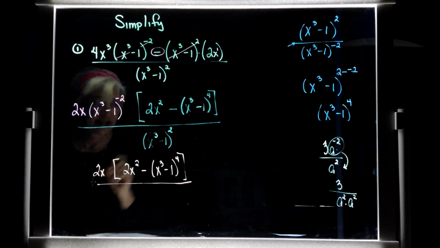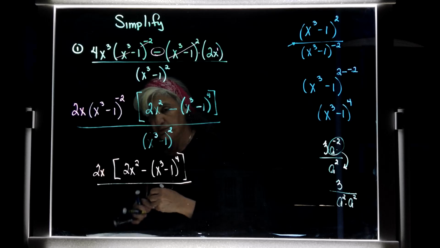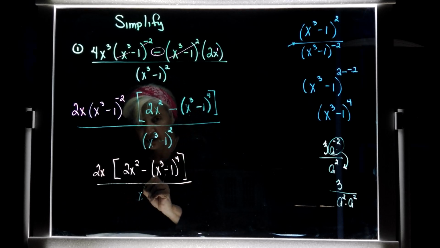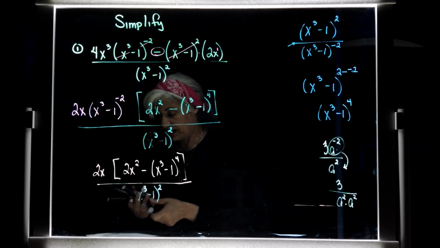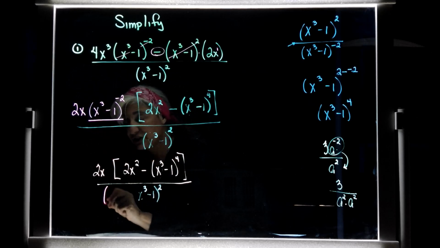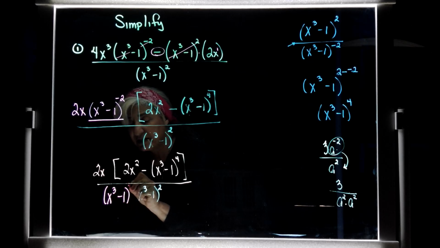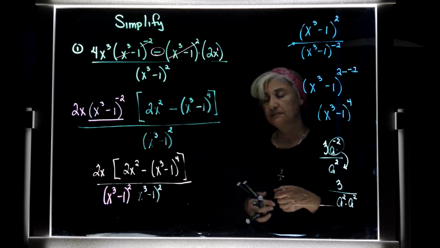But now, in the denominator was our original denominator of x to the third minus 1 squared. And we are now moving this parenthesis down to the denominator because it had a negative exponent. But now that it's moved, the exponent goes positive. Are you with me? Okay.